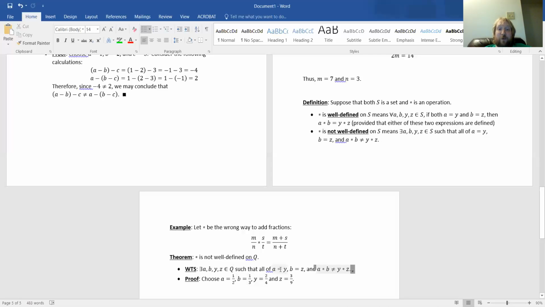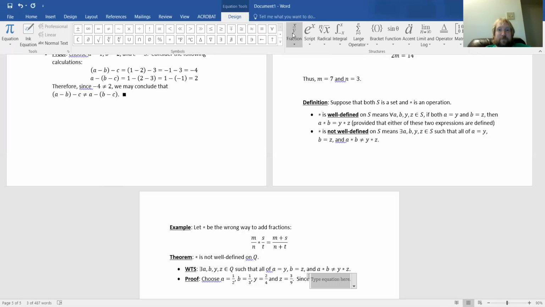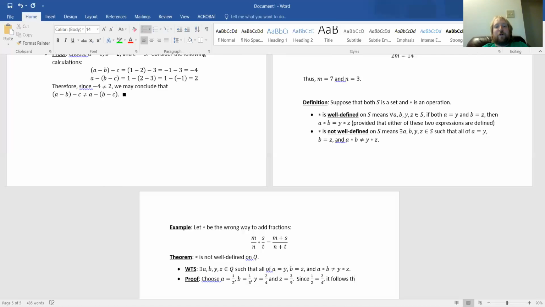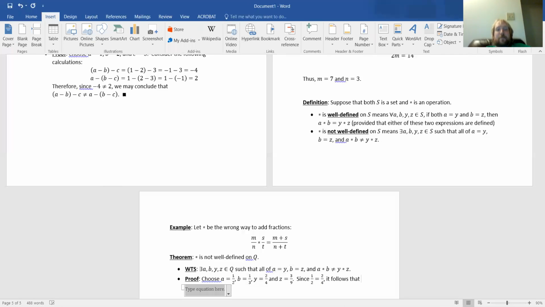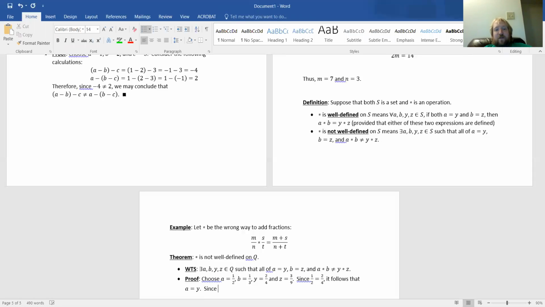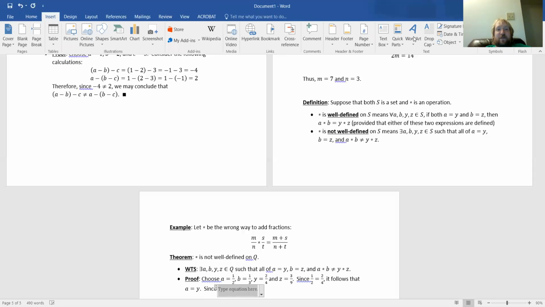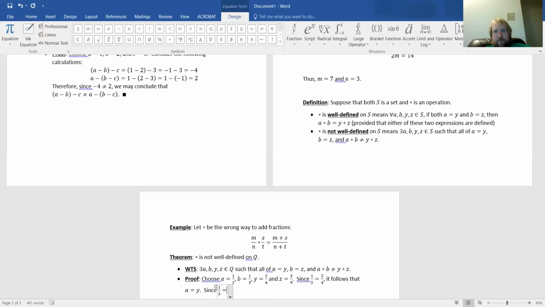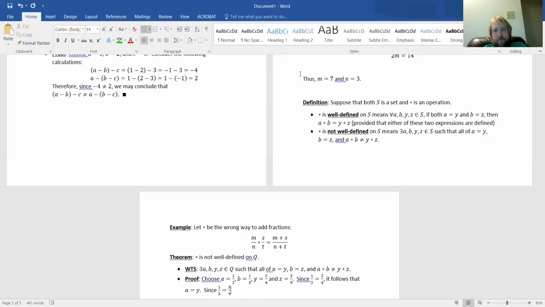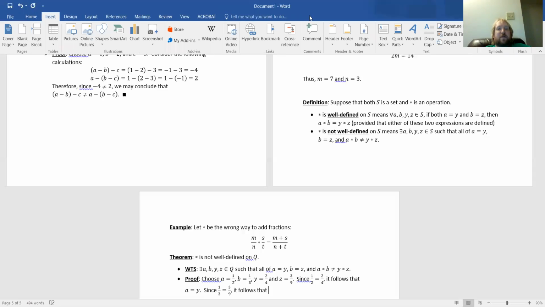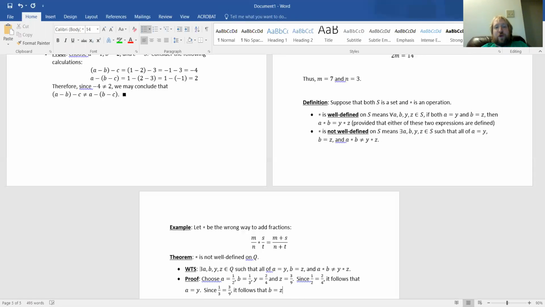Now we just have to argue that A equals Y, that B equals Z, and that A star B does not equal Y star Z. So since 1/2 equals 2/4, it follows that A equals Y. Since 1/3 equals 3/9, it follows that B equals Z. Remember, to show that A star B doesn't equal Y star Z, we have to calculate each side separately. So consider the following calculations.